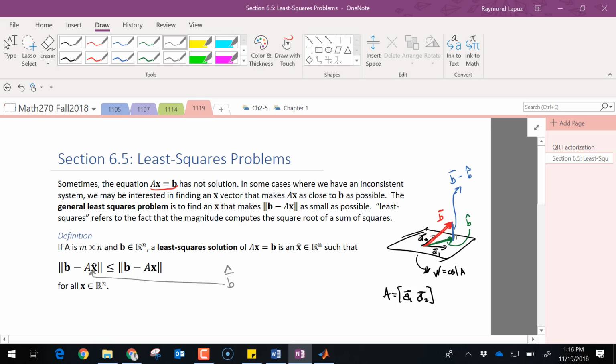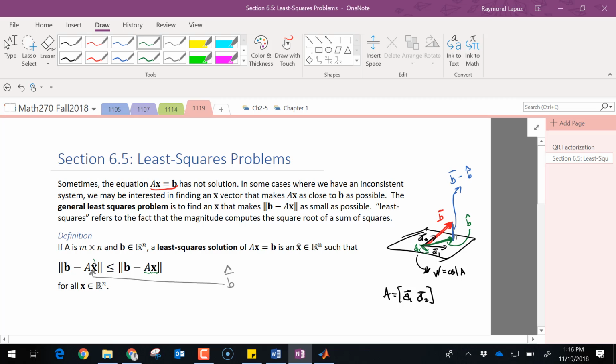So these other vectors here, Ax, they're saying, what if I choose another vector x so that Ax is somewhere else on this plane? I could have a lot of different possibilities depending on what my x is when I multiply it by A. And so I could be anywhere on this plane.